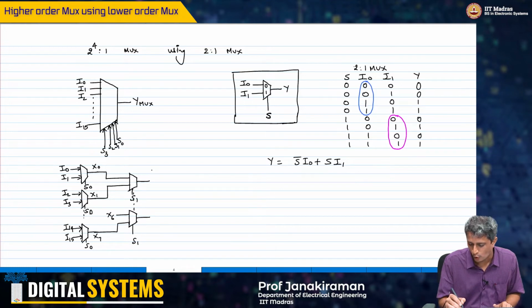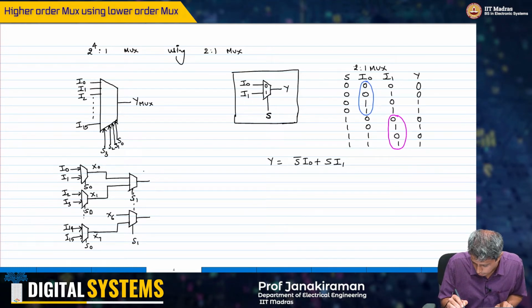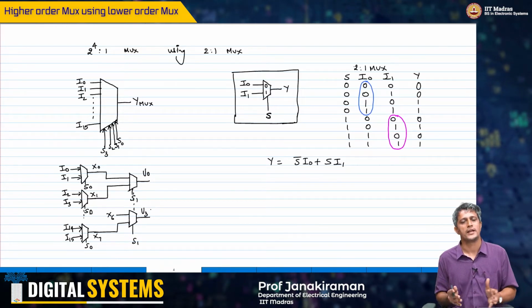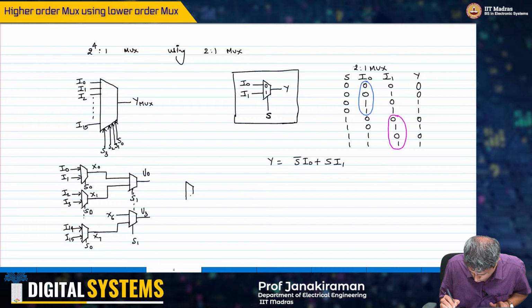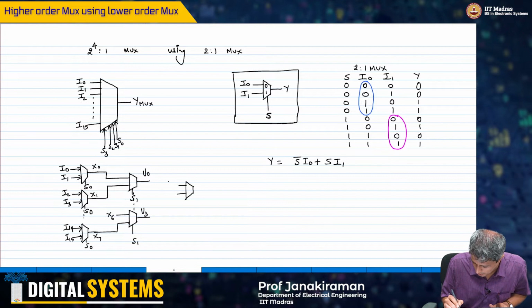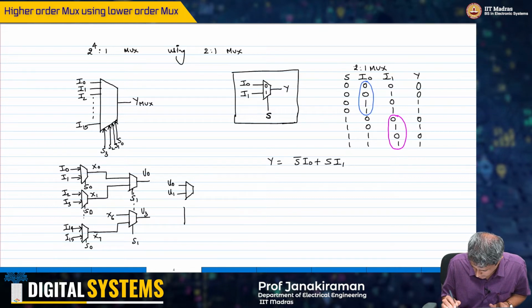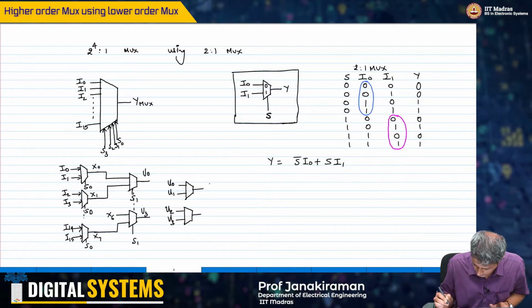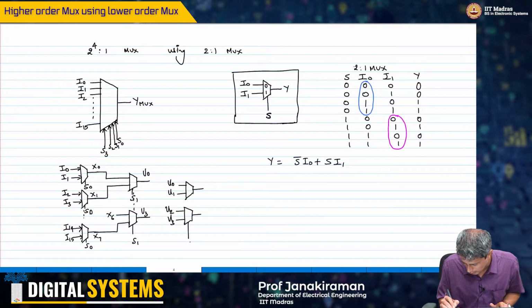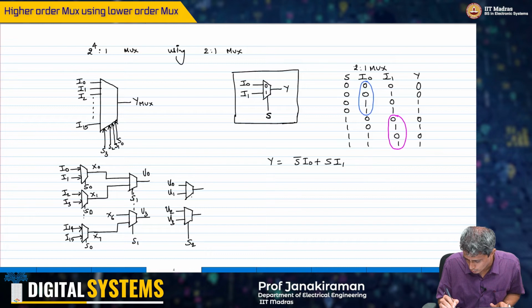There are 4 multiplexers here, and therefore I will have outputs U0 to U3. Now I need a 4:1 multiplexer, so again I need 4 by 2. This is going to be U0, U1, U2, U3, and the select line here is going to be S2.